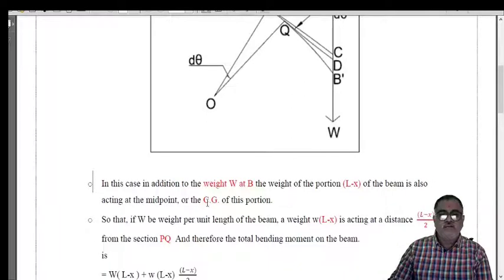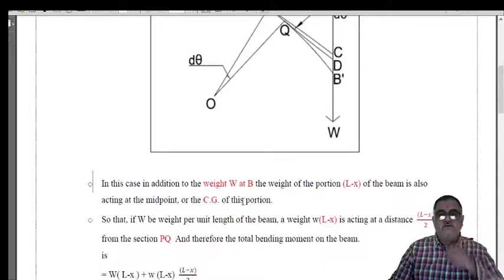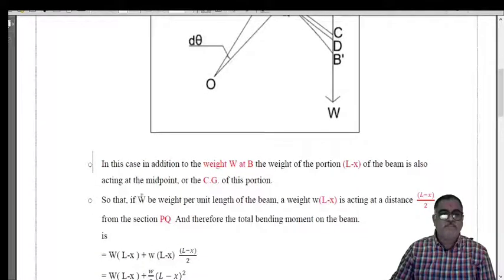We know that CG, the center of gravity, is the point at which the whole mass of the body is supposed to be concentrated.